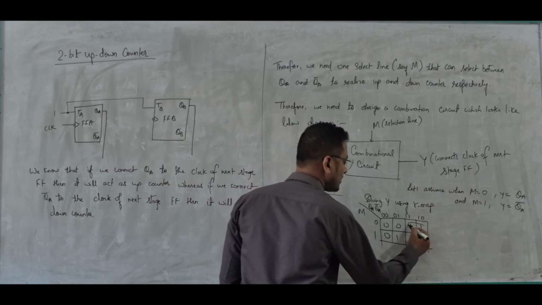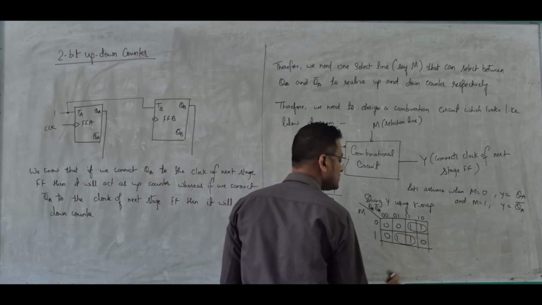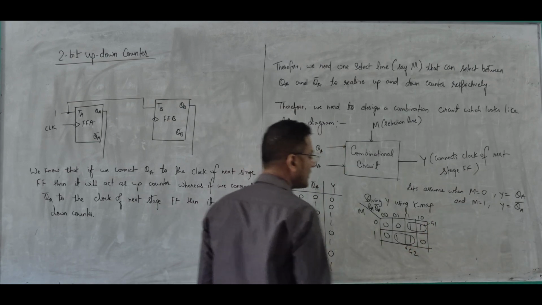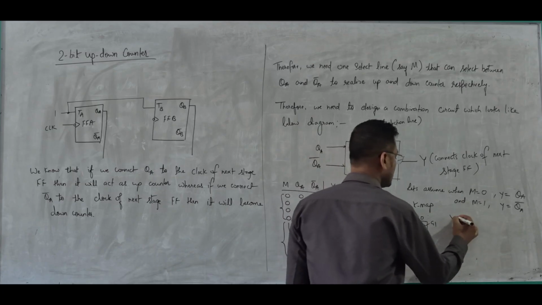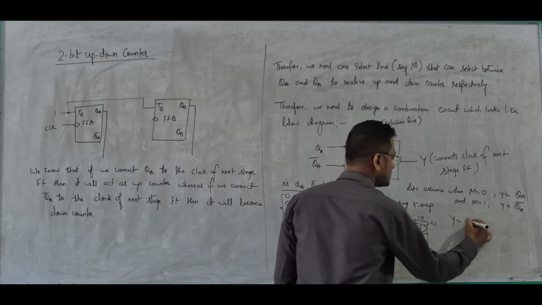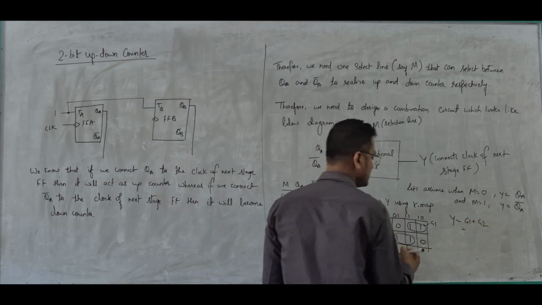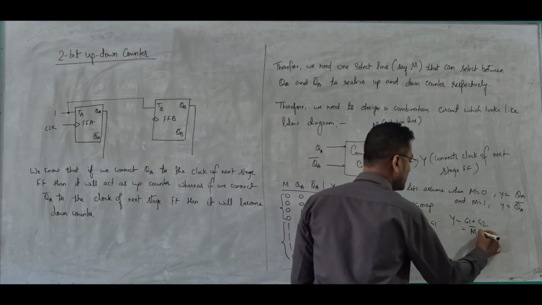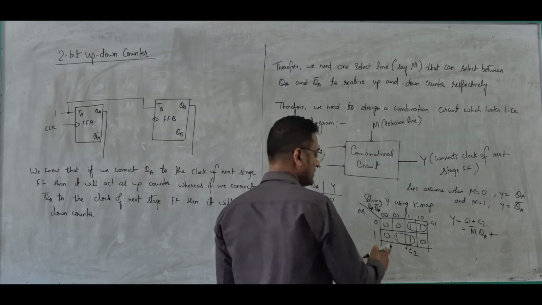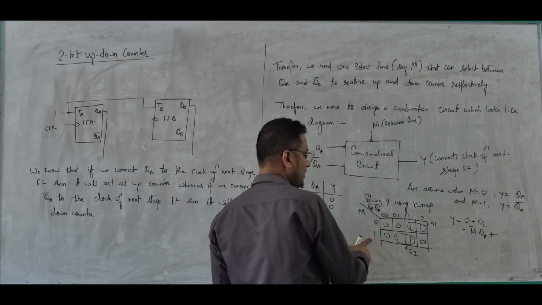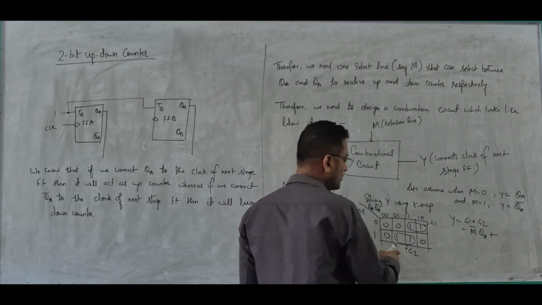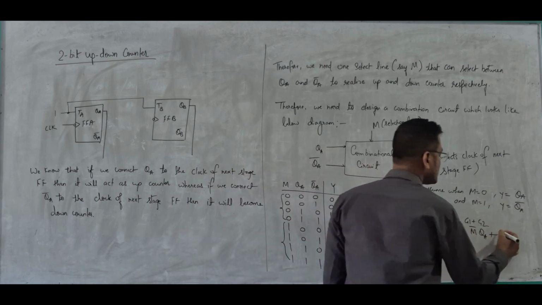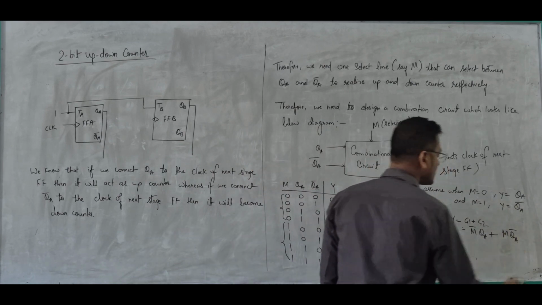So let's make groups. This is G1 and this is G2. So our output Y will be equal to G1 plus G2. G1 is M complement QA, plus G2 is M QA complement. Clear?